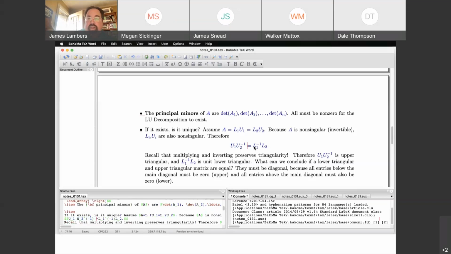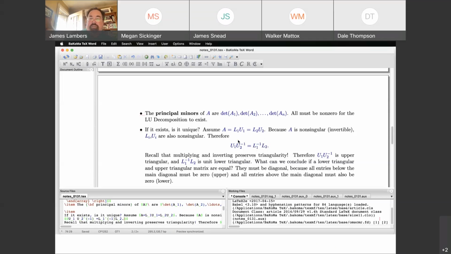Similarly, triangularity is preserved over here. So I have unit lower triangular inverted, which is still unit lower triangular, times unit lower triangular, which is unit lower triangular. So I have upper triangular equals unit lower triangular.